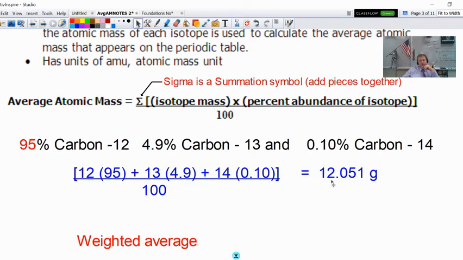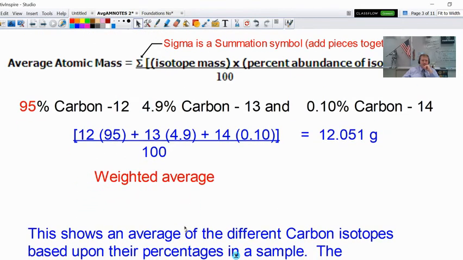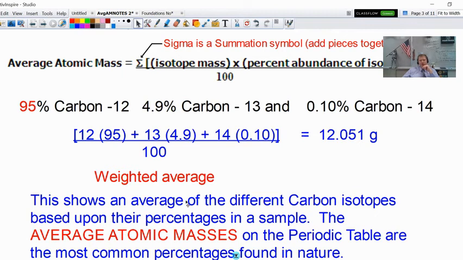Now, I'm going to tell you, this should have matched what's on the periodic table, but our numbers are slightly off here. I think our percentages are off for this. But the weighted average factors in those percentages to make sure that we get a better average than just a straight up average like we normally do.